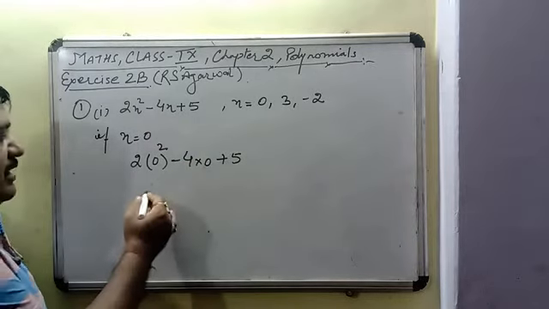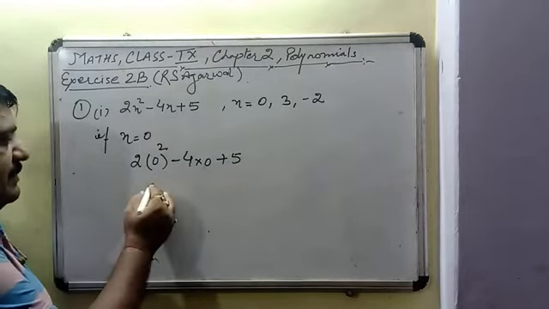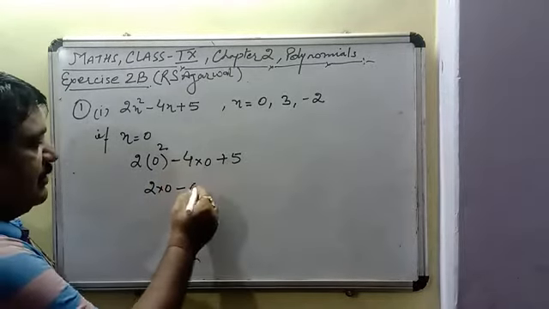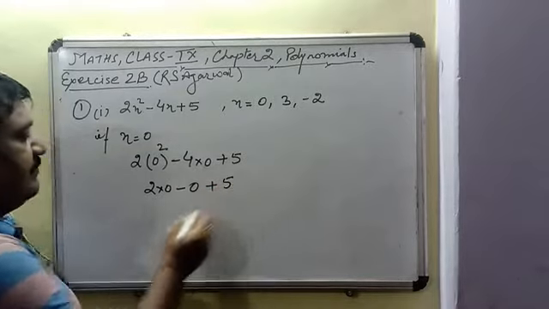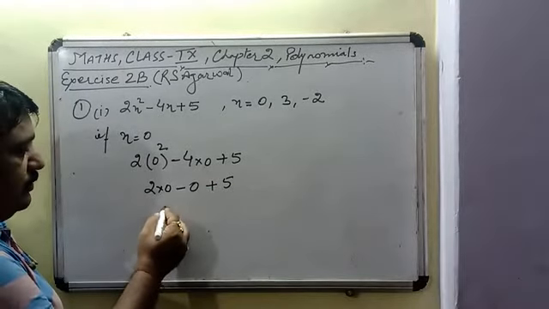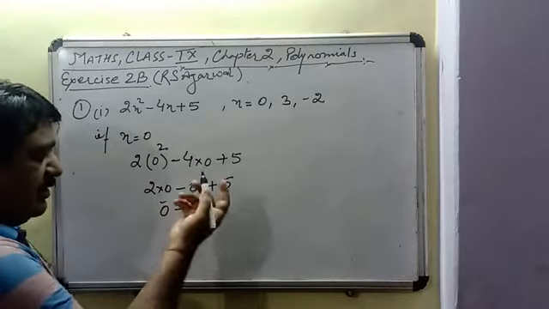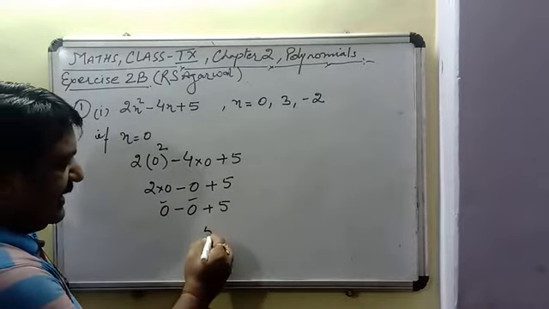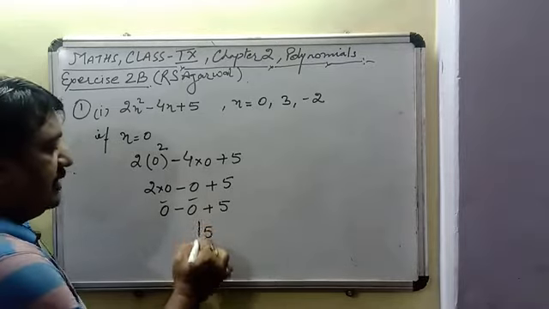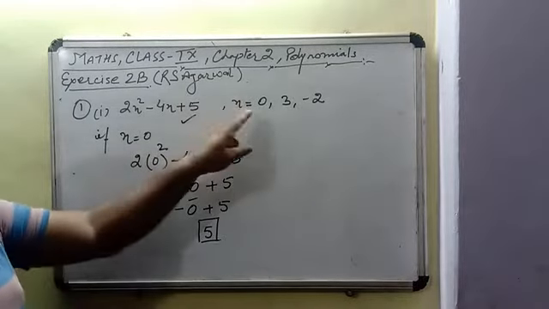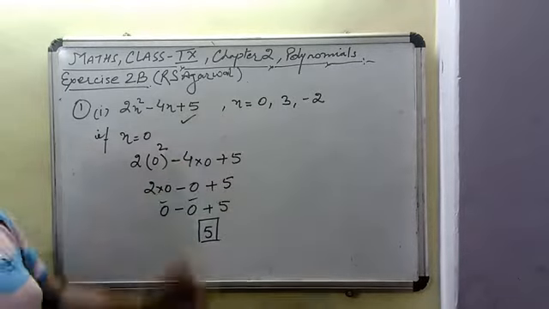Now go for the calculations. 0 square will be 0, so it is 2 into 0, minus 4 into 0 is 0, and it is 5 only. 0 minus 0 plus 5, nothing else is left, and we are getting the result 5. So this is the value of the given polynomial if x equals to 0.